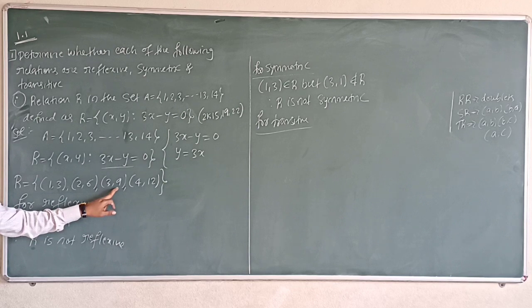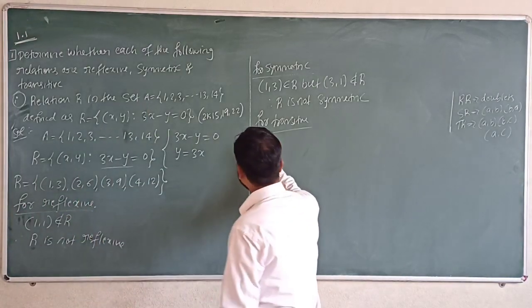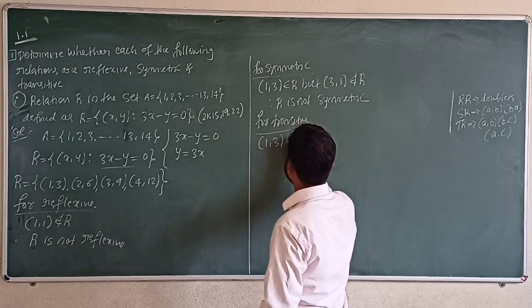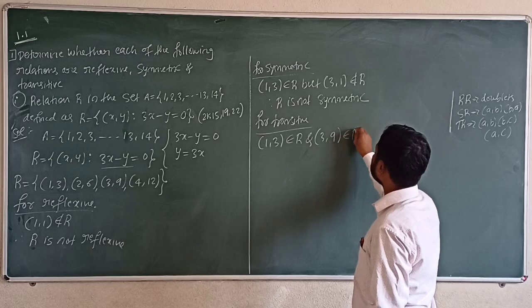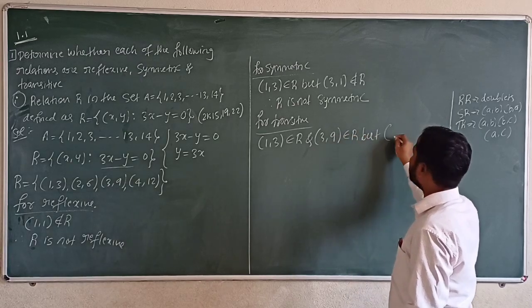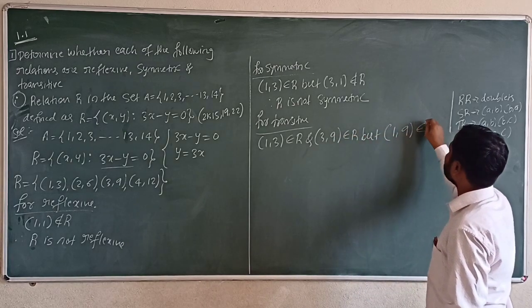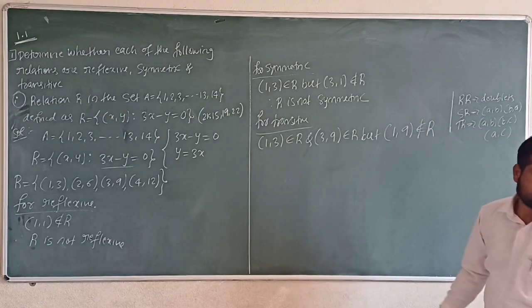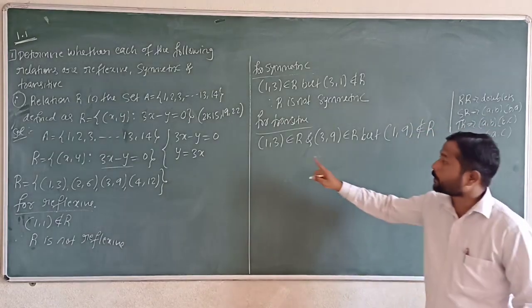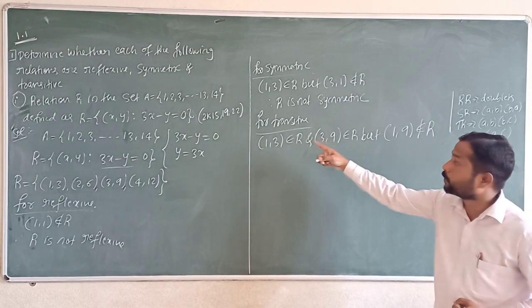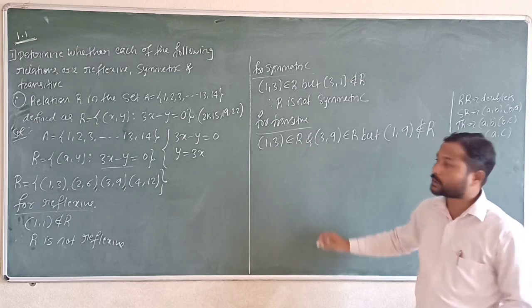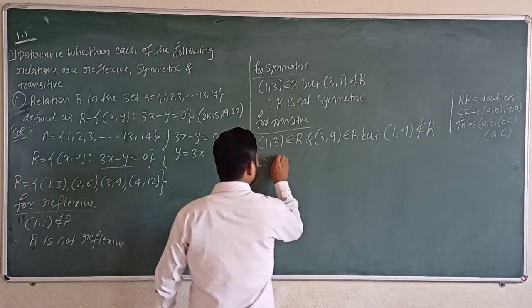What do we need now? We need 1 9. It is not there, so it is not transitive. Reason: take it as 1 comma 3 belongs to R and 3 comma 9 belongs to R, but 1 comma 9 does not belong to R. The definition is not satisfied here, so therefore the relation is not a transitive relation.